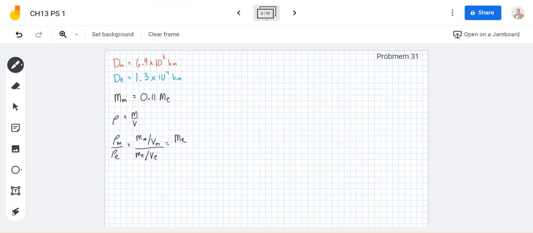Sorry, I got a typo. It's the mass of Mars divided by the volume of Mars, and then times the volume of Earth divided by the mass of Earth.